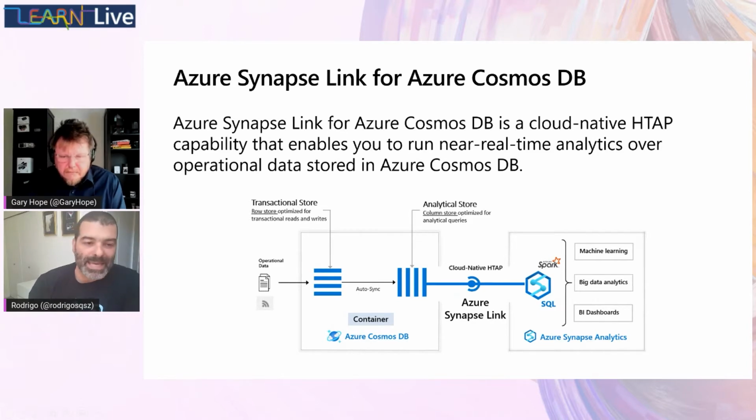Synapse Link, behind the scenes, automatically will sync this transactional data into a columnar format that is optimized for analytics. And this columnar format can be read through Synapse Link, our cloud-native HTAP connection between Synapse runtimes and the analytical store.